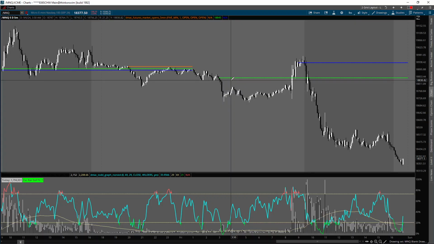No matter where you live, no matter what time zone you live in, and no matter what your work schedule is, if trading is a part-time endeavor for you, the futures market, specifically the ES and the NASDAQ, provide opportunities for you to trade the markets in conjunction with doing whatever else you're doing in life.